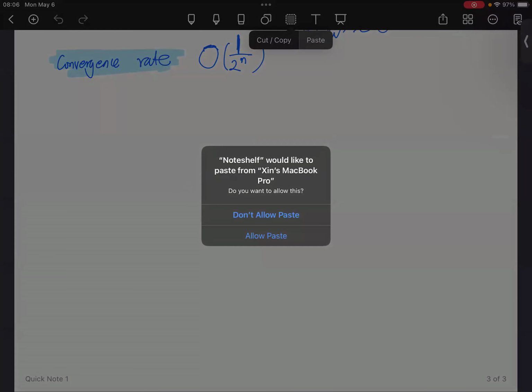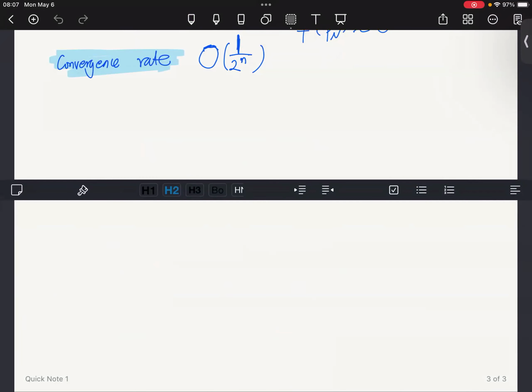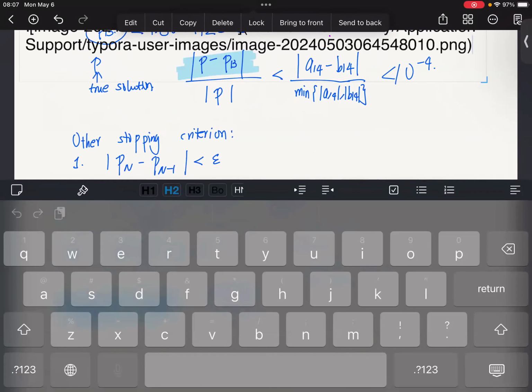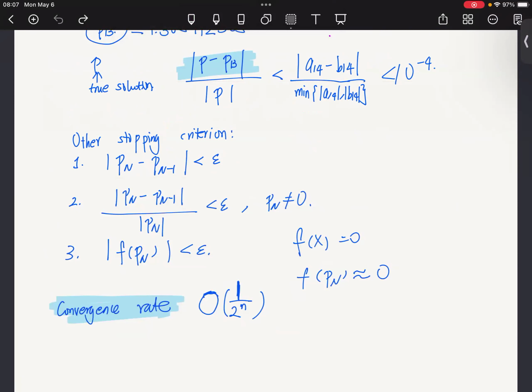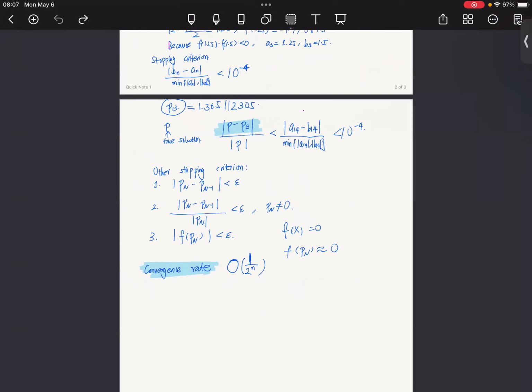At least it's working. That's not too good. Let's just continue our discussion here.